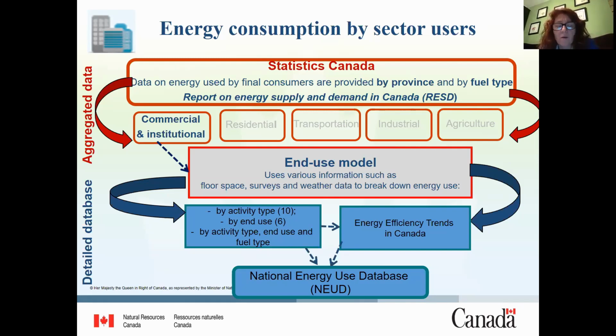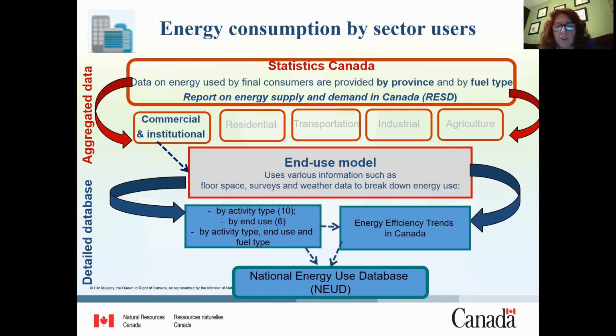So using this data, we calculate energy efficiency trends for Canada. We did calculate the trend from 1990, that was our base year. And this year we are moving to 2000, just to be more up to date and provide more recent information to senior management and policymakers.